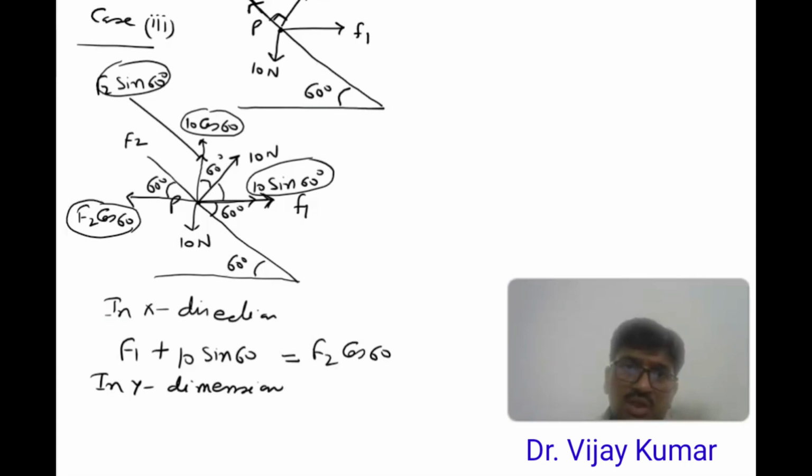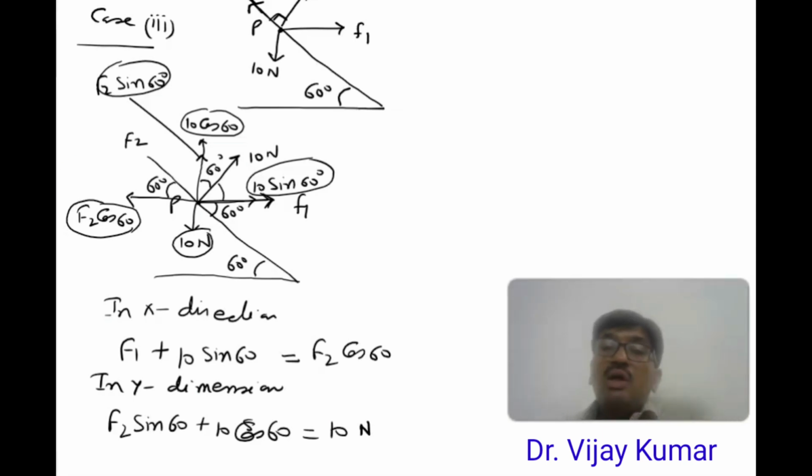So F2 sin 60 plus 10 sin 60 equals 10. These two forces are balanced by the 10 Newton force in the downward direction. So this is the third case, by which we can balance the components of the forces at a point.